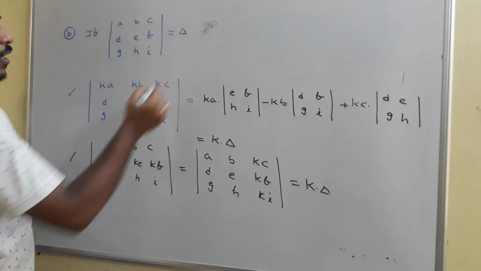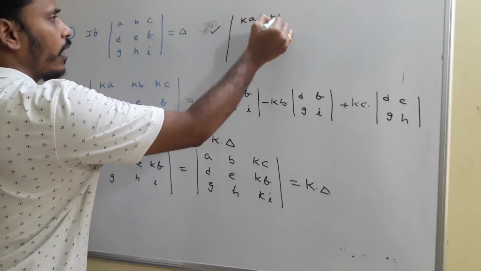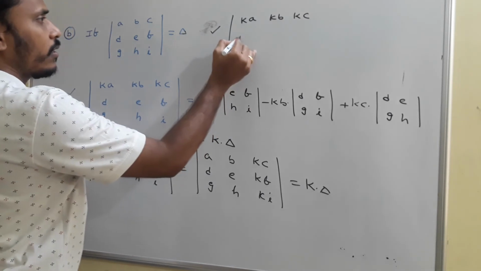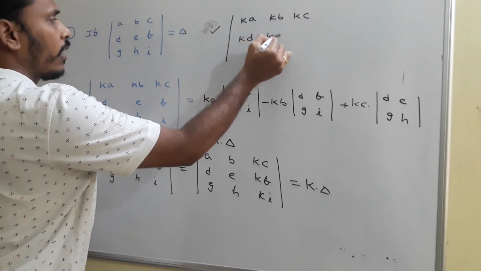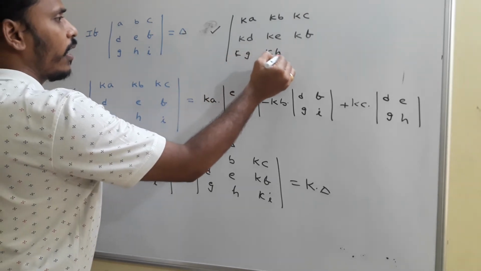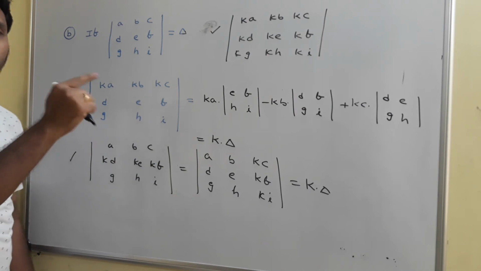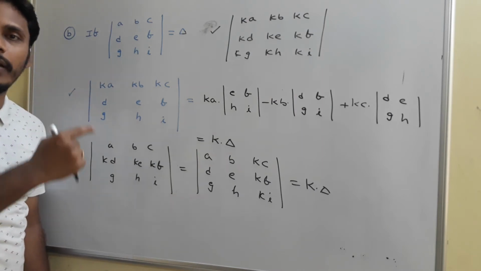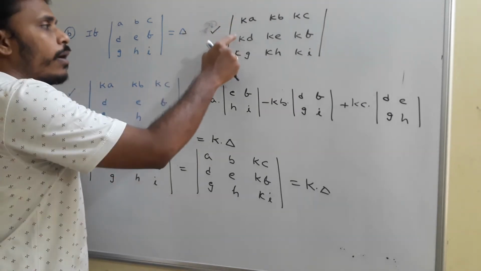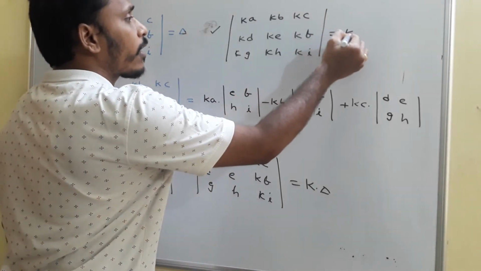These are two ideas, and one more idea is, what do you say about the determinant of KA, KB, KC, and then KD, KE, KF, and then KG, KH, and KI? If you multiply one row, its determinant is affected by K. Since you are multiplying three rows by K, its determinant is affected by three Ks.